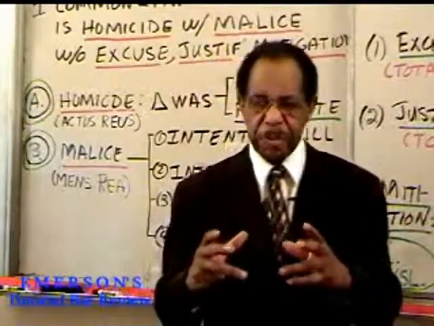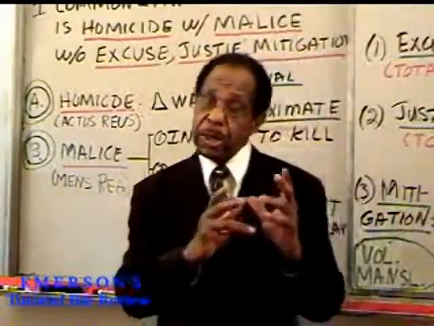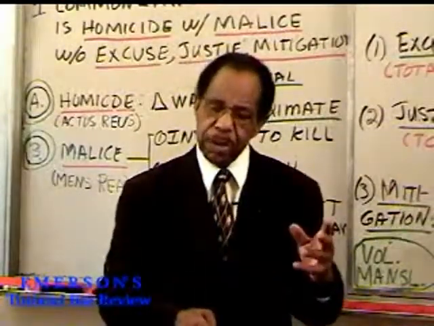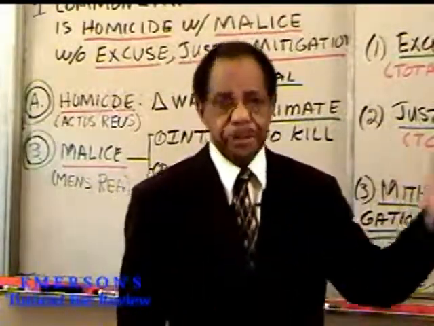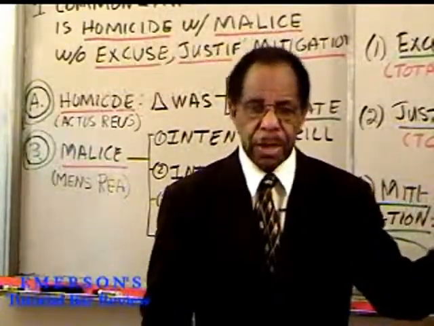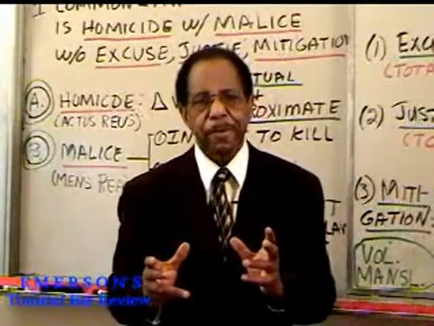If someone has committed common law murder, we're going to look more closely at the circumstances, and only the people who have committed the most heinous types of common law murder are we going to execute, and the others is just going to be common law murder.